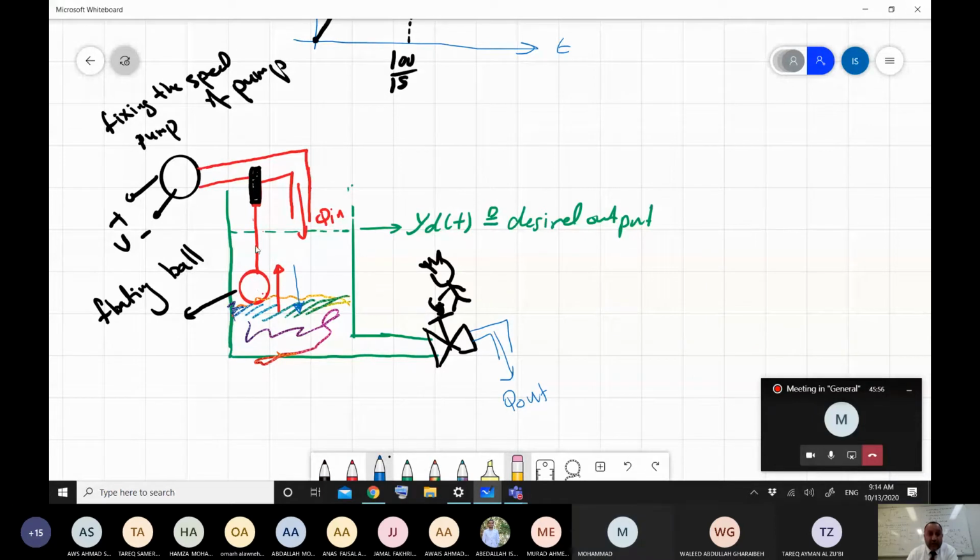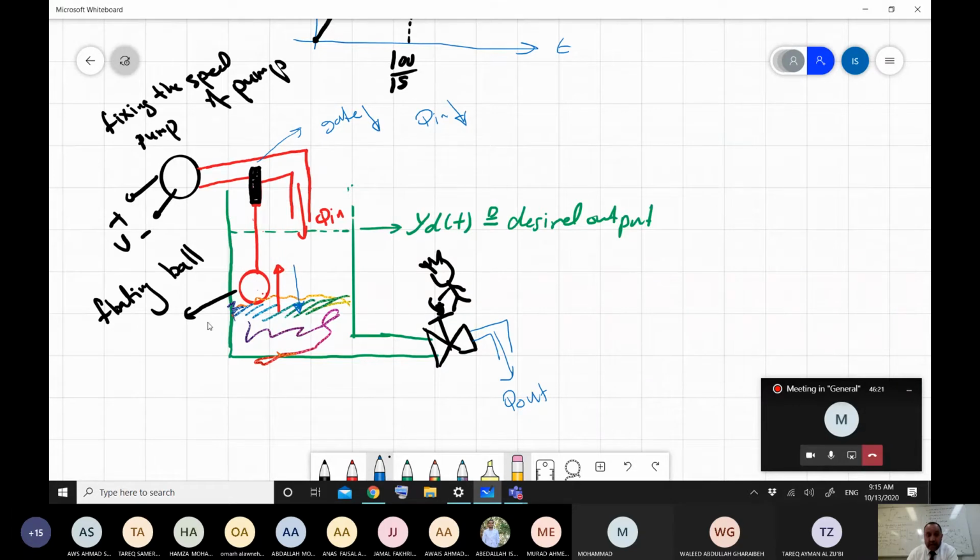So now simply see, if the floating ball goes up, then this gate will be reduced. So simply the flow in will be reduced, yes or no?